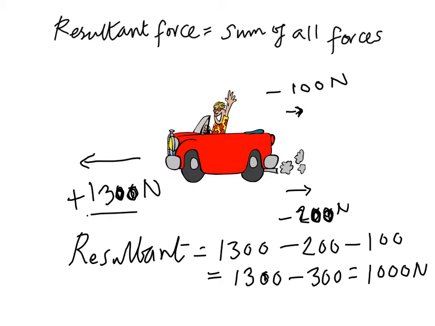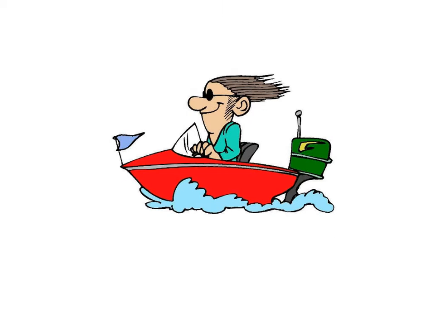You have a forward force of 1000 newtons, and this shows the forces are not balanced. There are two different cases of what will happen to the car. We'll come to that later when we look at force and its effect on the movement of the car. But for now, I hope you understand the resultant forces in this case.